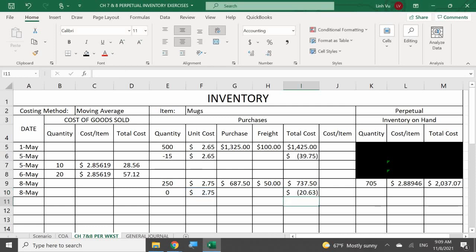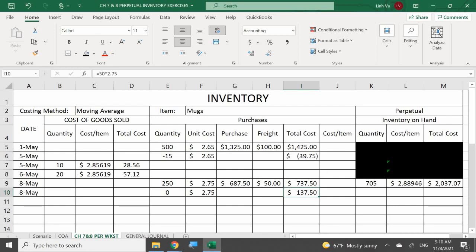$137.50? No. Why? Because I think this is what you did. You did 50 times the 2.75. I'm not returning the product. I'm keeping it. I can only get a 15% discount off of this amount right here. I'm not returning the entire product. They're not giving me a 15% discount on the entire thing because 200 of them were correct.